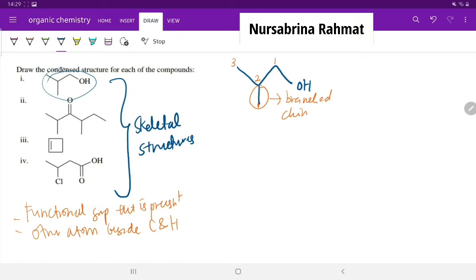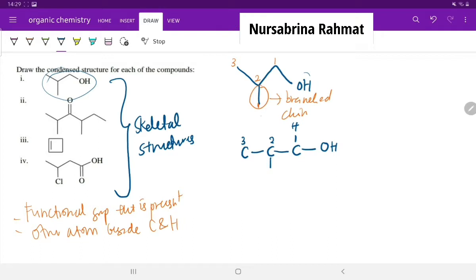For this one, I have 3 carbons at the backbone: first carbon, second carbon, and third carbon. At my first carbon, we have an OH functional group attached to it.